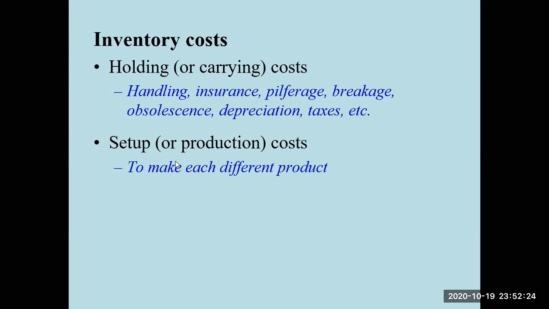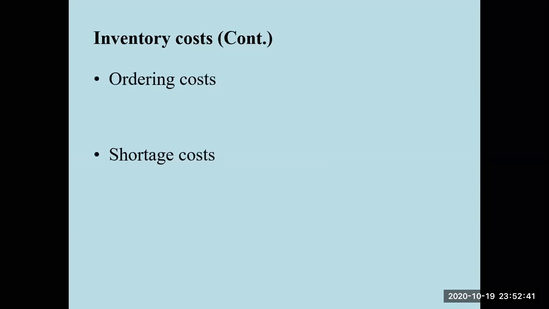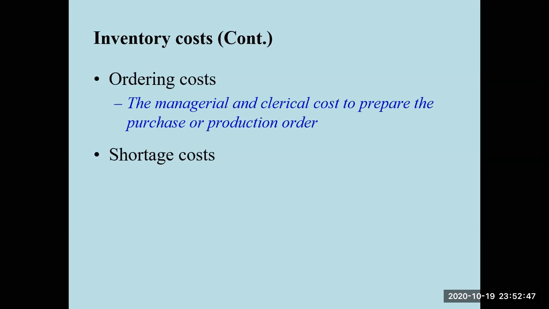So to make each different product, that is a cost. For different products, there is setup cost. Ordering cost, when placing an order, such as shipping cost. That is ordering cost.